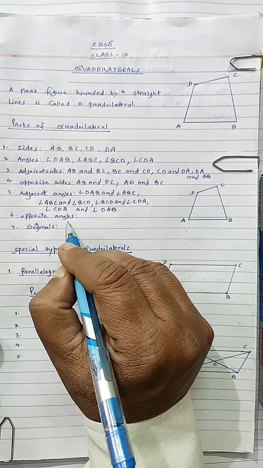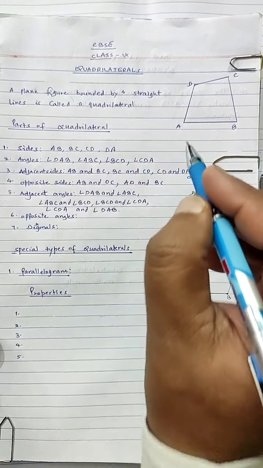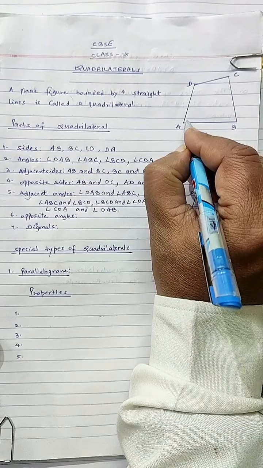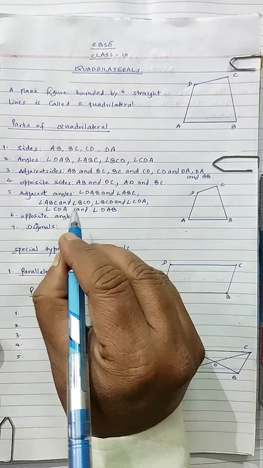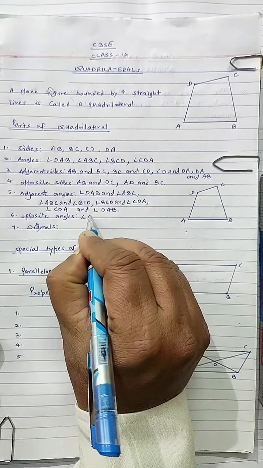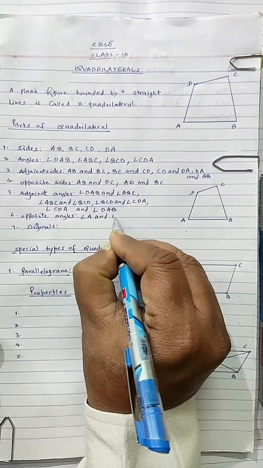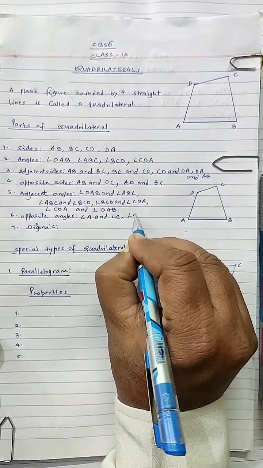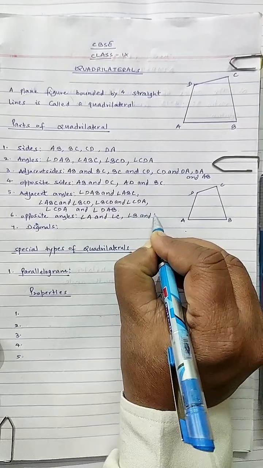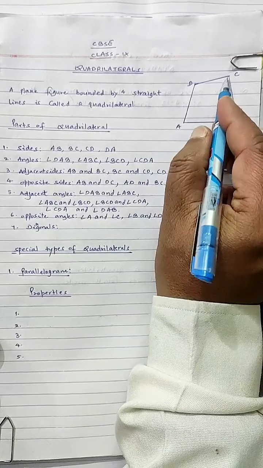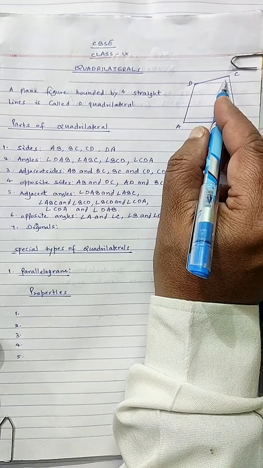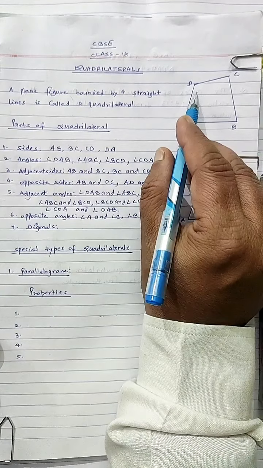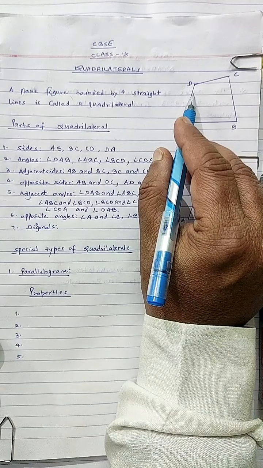Now opposite angles. Opposite angles are angle A and angle C. Single letter also you can write angle A and angle C. Angle B and angle D. Angle A and angle C is one pair of opposite angles. Angle B and angle D is another pair of opposite angles.